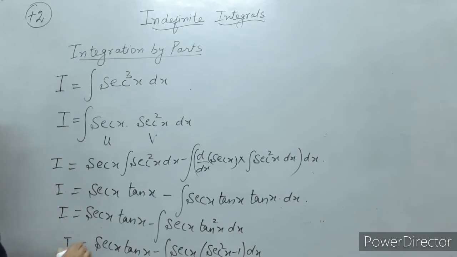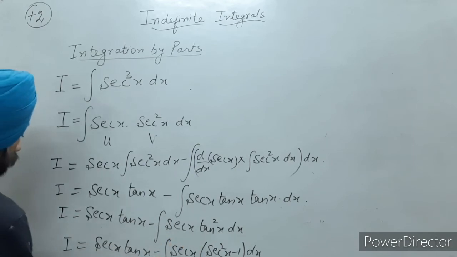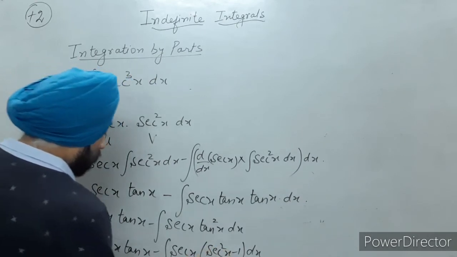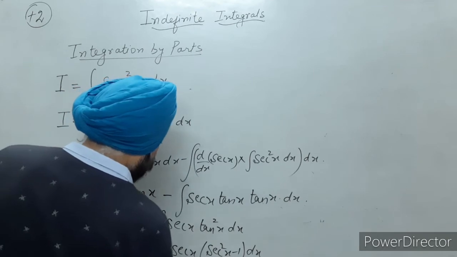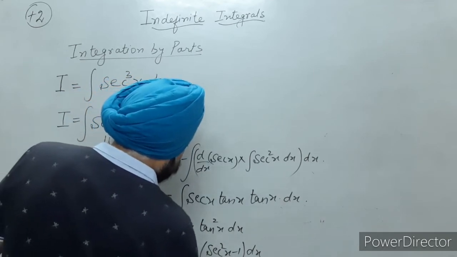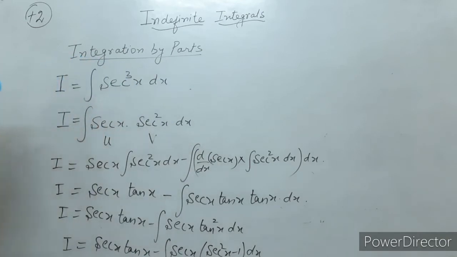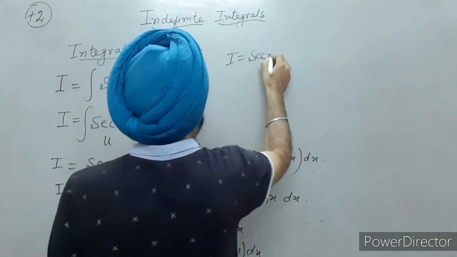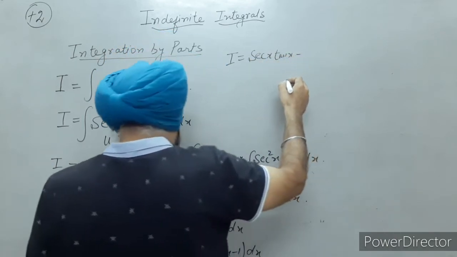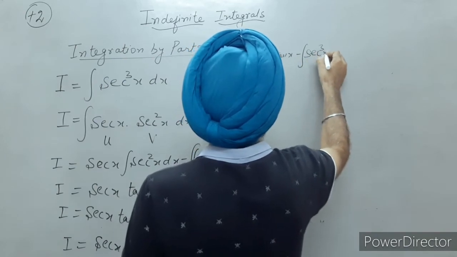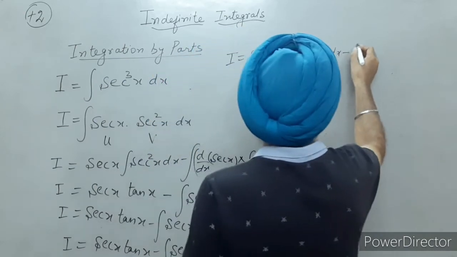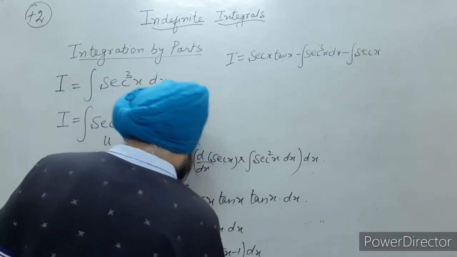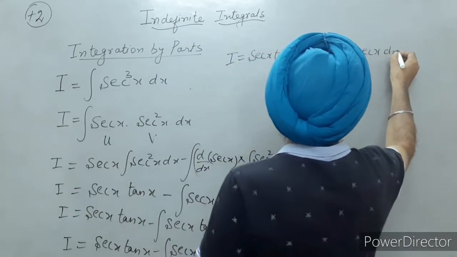Let me write over here, I equals to secant x tan x minus of, just open the brackets, secant cube x dx minus integral secant x dx. Let me check, minus minus becomes plus, it becomes plus over here, secant x dx.